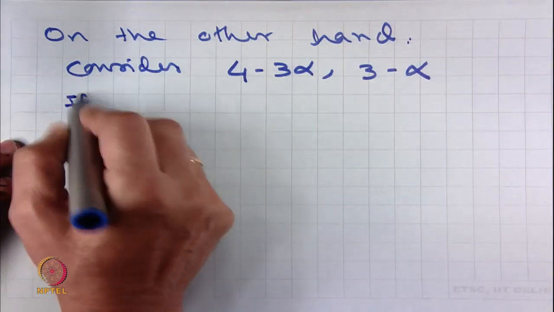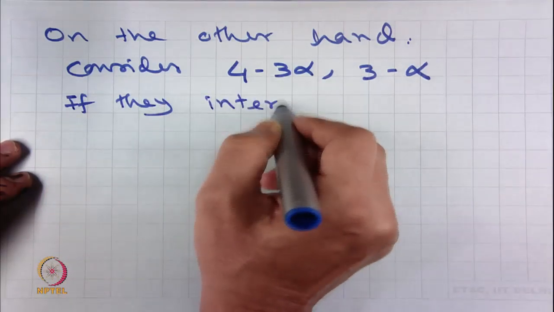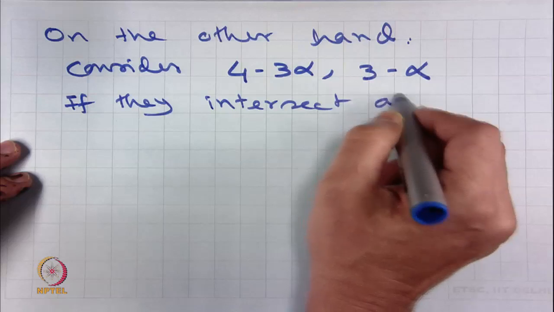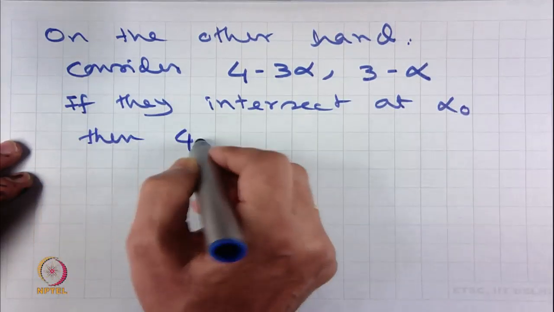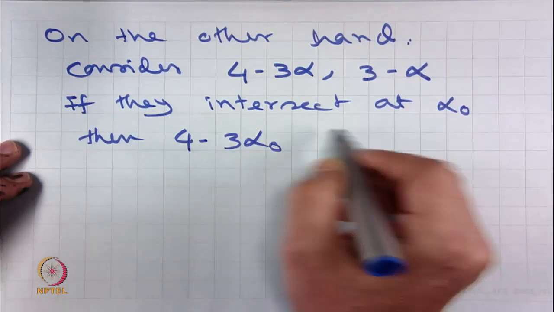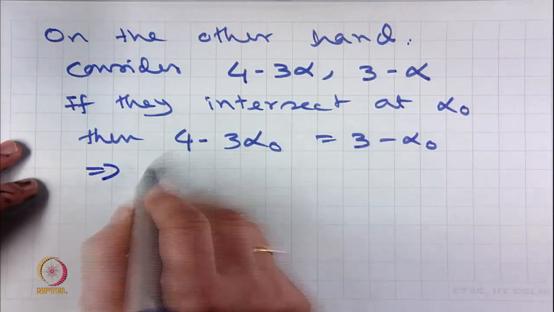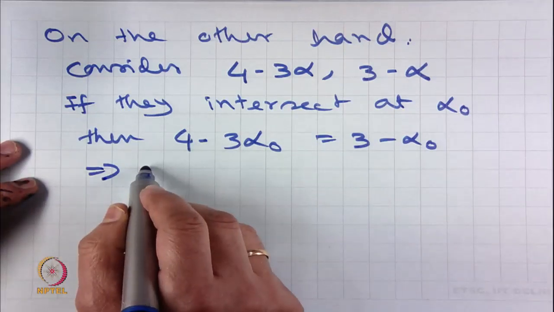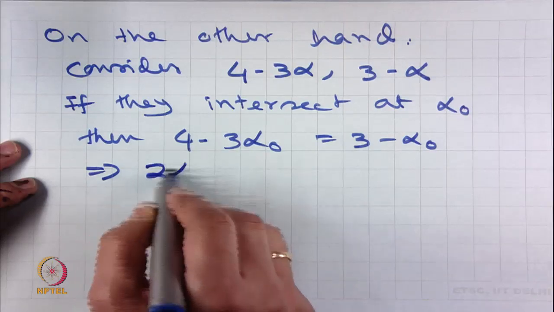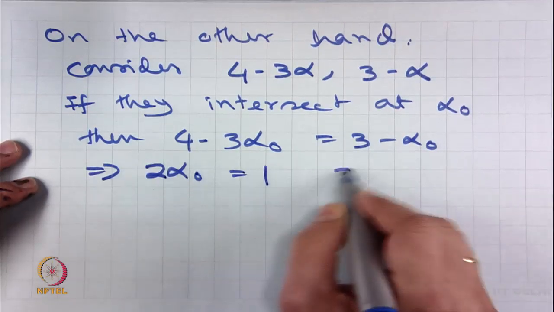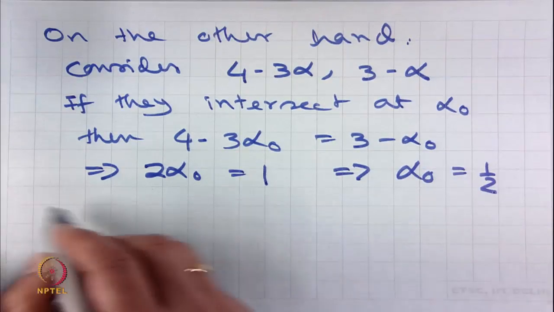If they intersect at alpha naught, then 4 - 3 alpha naught = 3 - alpha naught, implies 2 alpha naught = 1, implies alpha naught = 1/2.